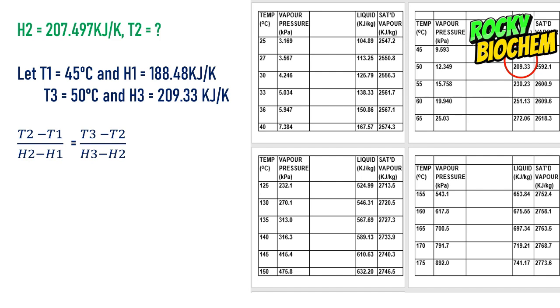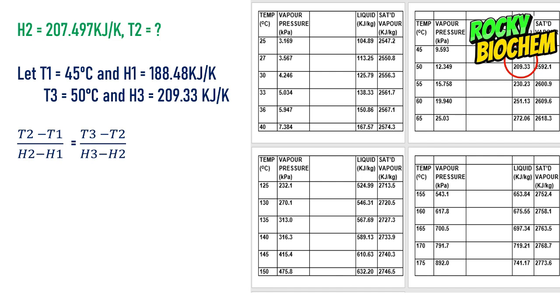So the enthalpy of the middle number, the one that we are looking for, minus the enthalpy of the one on top of it, divided by the temperature of the middle number minus the temperature of the number on top of it, should be equal to the enthalpy of the bottom number minus the middle number, all over the temperature of the bottom number minus that of the middle number.